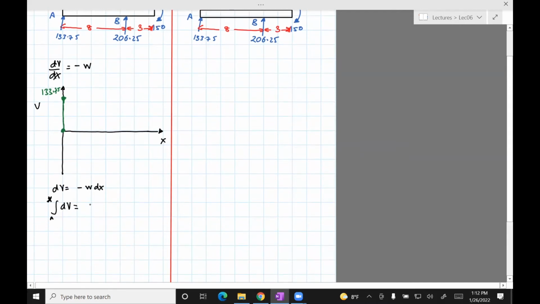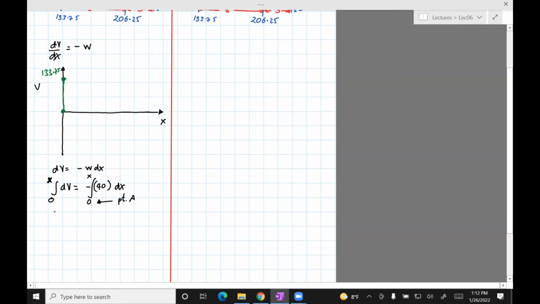dv equals minus, so we know that w is 40, that's the force, sorry, my bad, just 40, dx, integral from A to B, so A is 0, B is x, just change this to 0. So this will give us V at x minus 0 equals minus 40x.